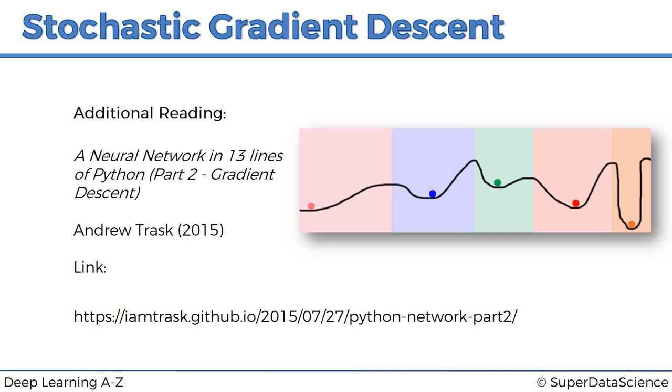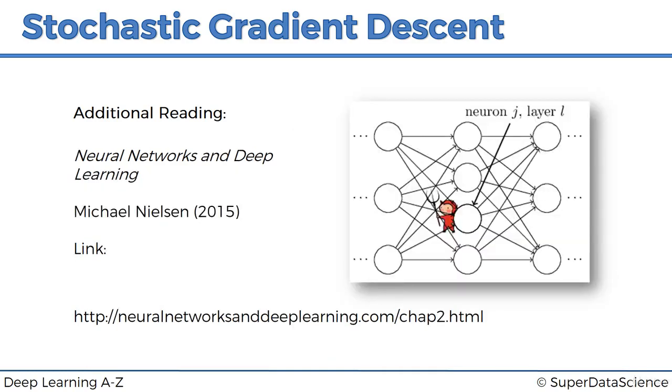And another one, a bit of a heavier read for those of you who are into mathematics and want to get to the bottom of the mathematics: what are the formulas that are driving gradient descent, how is it calculated, and so on. Check out the book, a free online book called Neural Networks and Deep Learning by Michael Nielsen, a 2015 book. It's all online, you can go ahead and check it out there.